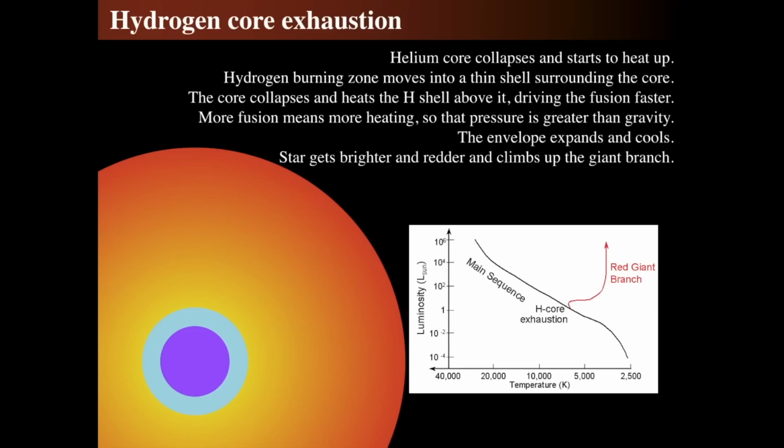If it has to go faster, it has to get hotter. If it gets hotter, that means greater luminosity. If it has greater luminosity, then the star must expand. And so the star starts to grow in order to accommodate the increased luminosity coming out of the core, and therefore it becomes a red giant.